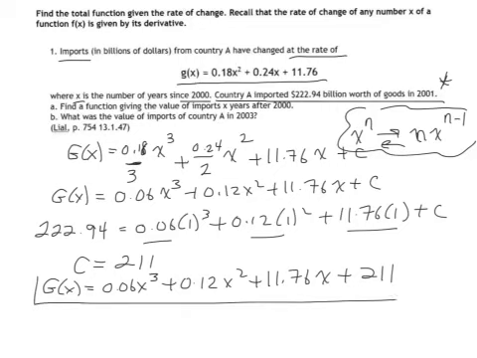Now we can use this function to find the value of imports of country A in years after 2000. In B, we're asked to find the value of imports in 2003. So let's complete that on the next page.